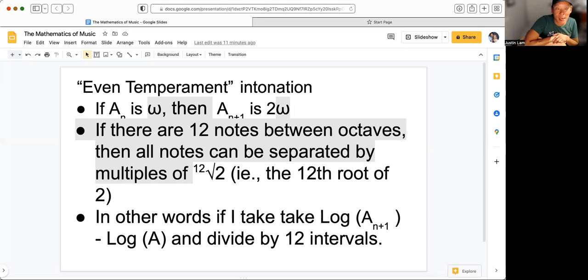There is also another idea within musical theory called even temperament. If I have my A note being omega, then I could, in theory, take the 12 notes between the octaves, and since I'm basically doing a logarithmic difference and dividing by 12 different intervals, essentially what I would be taking is multiples of the 12th root of 2 to separate the frequency values of each individual note that is possible between the different octaves.